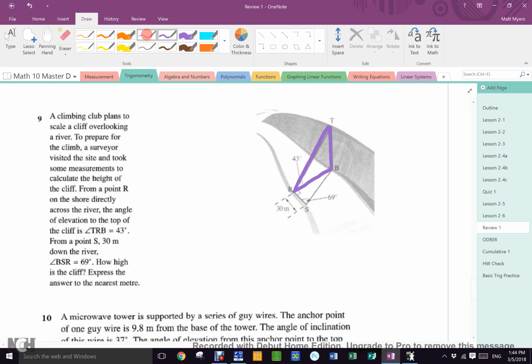No, I only have 1, that this is 43. However, in this orange triangle, I do have 2 pieces of information. I have that this angle is 69 degrees, and I have this side as 30. So what can I do with the orange triangle to get me my second piece of information in the purple triangle?